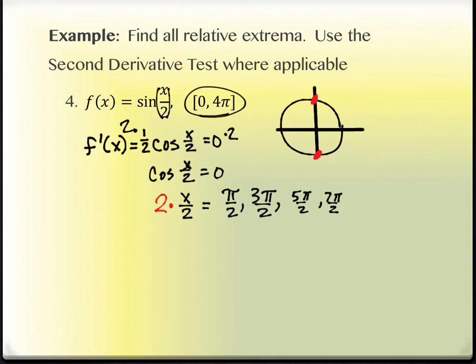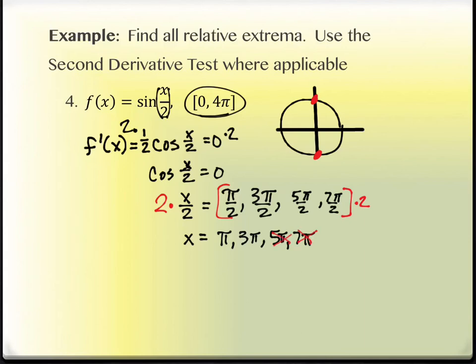I'm solving for x. And when I multiply all of these by 2, I'll get x equal what? Pi, 3 pi, 5 pi, and 7 pi. And what do you notice about the 5 pi and the 7 pi? So 4 pi. Yeah, they're no longer inside of our interval, right?